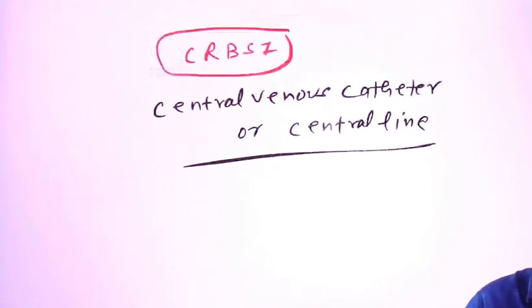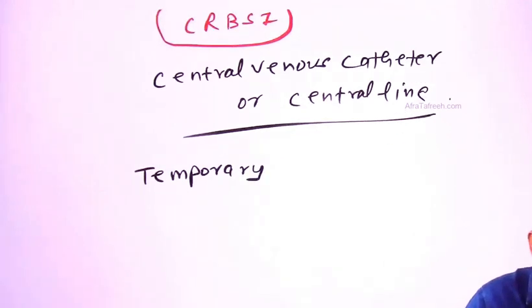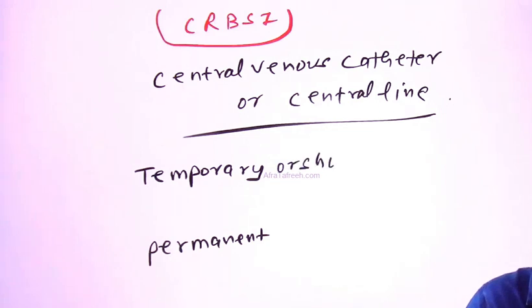Okay, so this particular one, the central venous catheter or the central line, is divided into two types: the temporary one and the permanent one. Temporary is the short term one, defined as less than 72 hours.